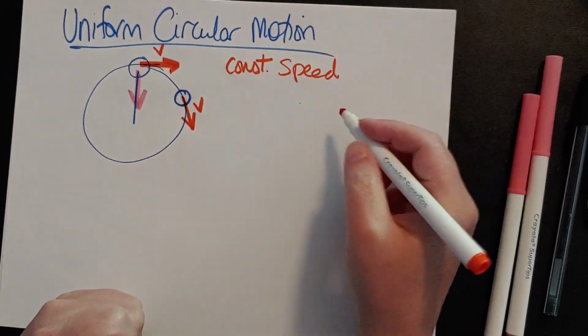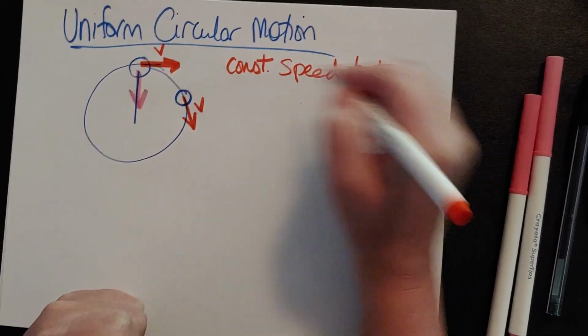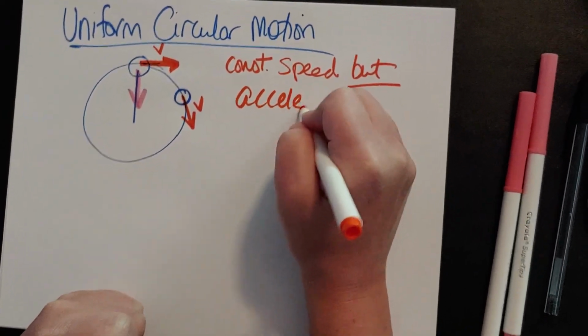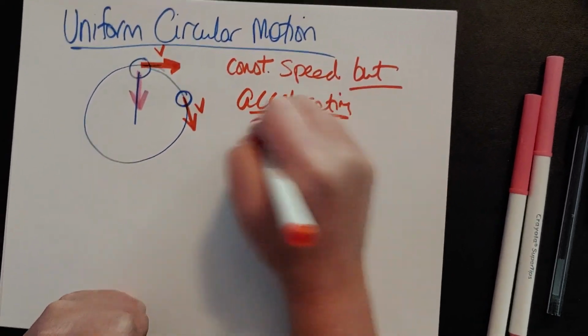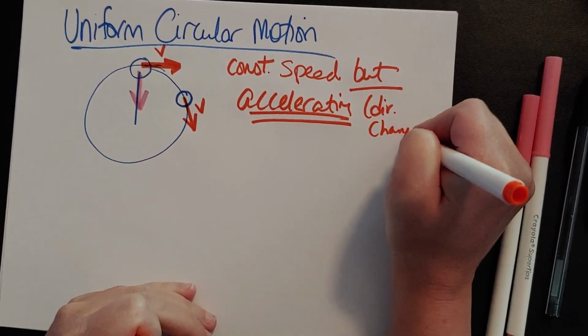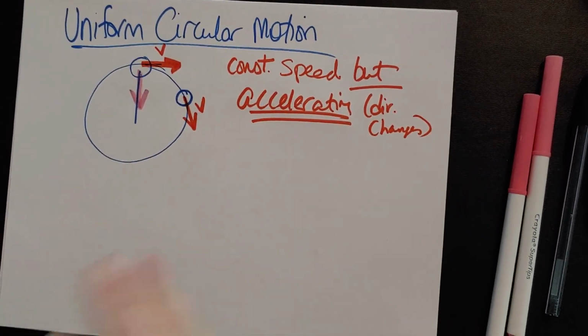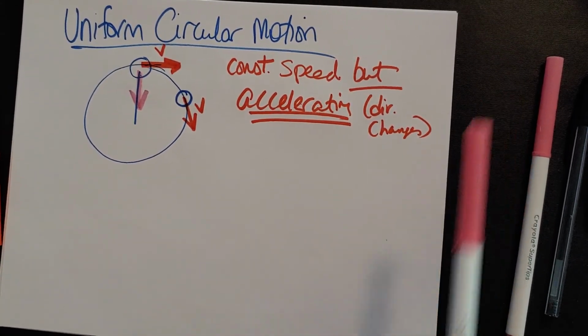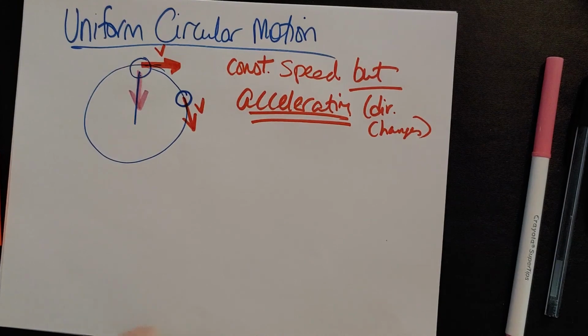It's constant speed, but that direction's changing, right? So it is accelerating because direction changes. So that's a special kind of acceleration. That's not just easily calculable with delta v over delta t.